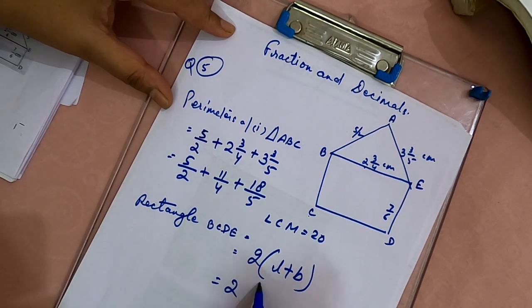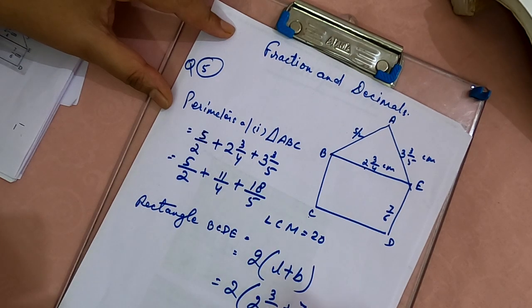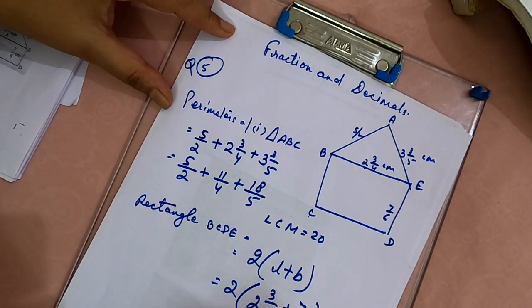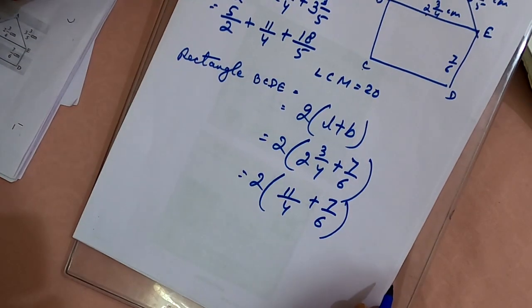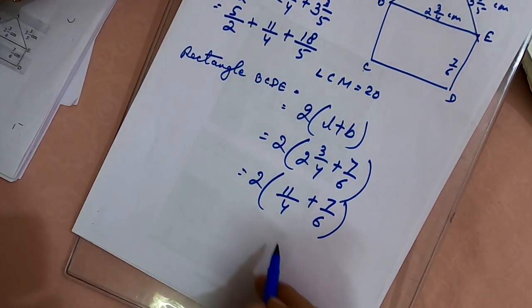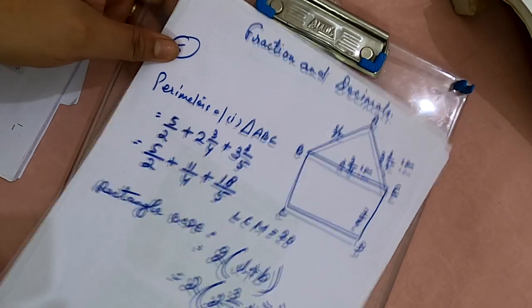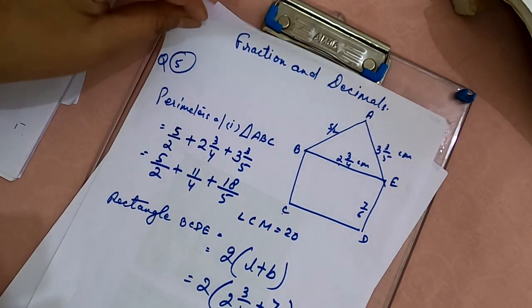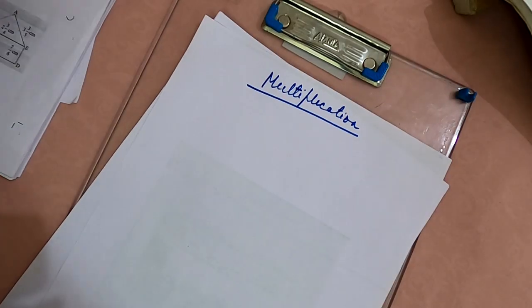That will be equal to 2 times length, that means 2 whole 3 by 4, plus 7 whole 7 upon 6, that is equal to 2 times 11 upon 4 plus 7 upon 6. Clear? I think you can complete it on your own. Clear? Yes. Now come to the next topic of this chapter, that is multiplication of fractions and decimals.